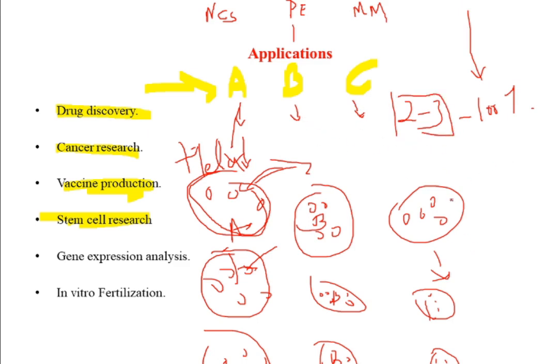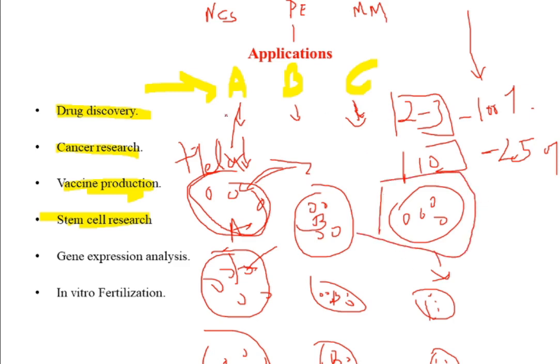And for C, suppose you found that the growth did not reach 100%. Even after the 10th day, the growth is still 25%. So now a potential anti-cancer drug can be claimed here. This chemical C can be.